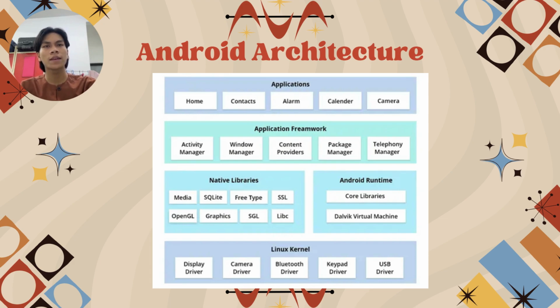These services allow applications to interact with the system without directly accessing hardware resources, improving security and stability. At the top is the application layer, which includes both built-in applications like contacts, camera, calendar, and third-party apps downloaded from Google Play Store. This is the layer where users interact directly with the Android operating system.